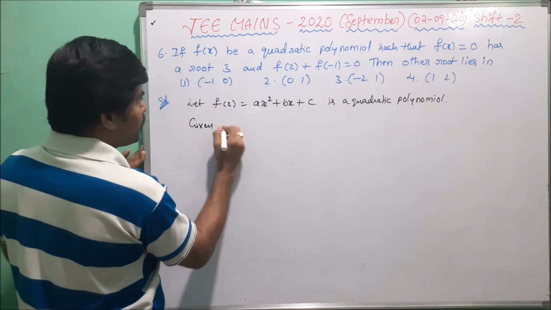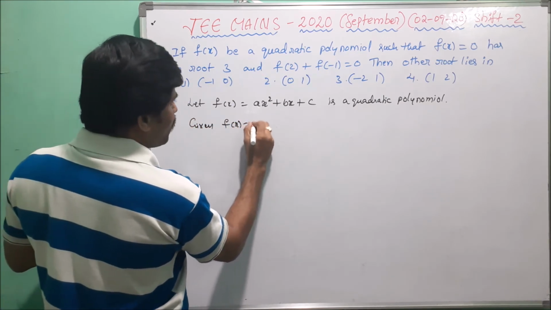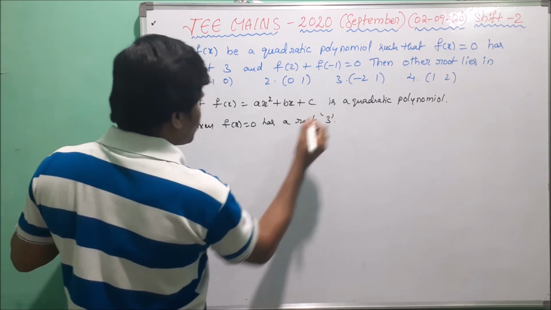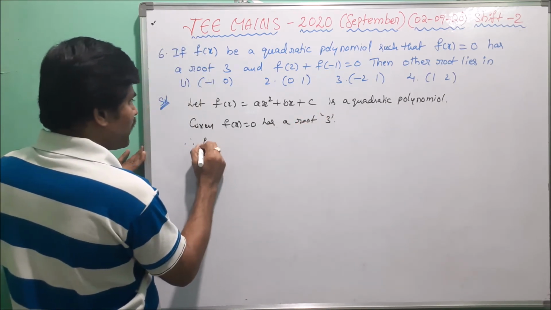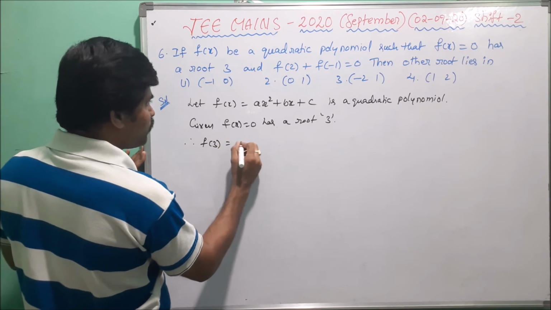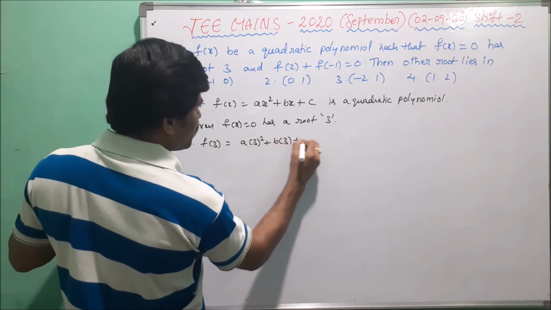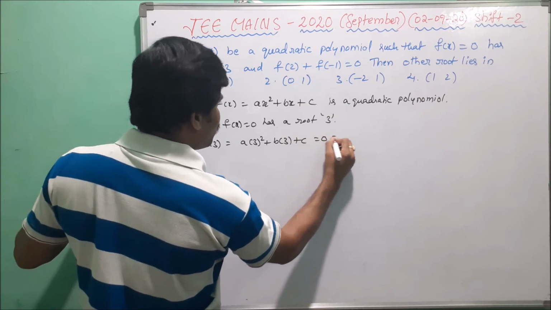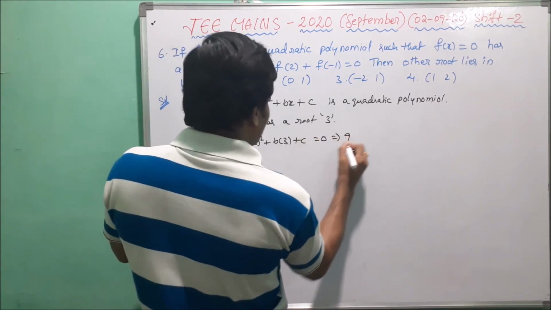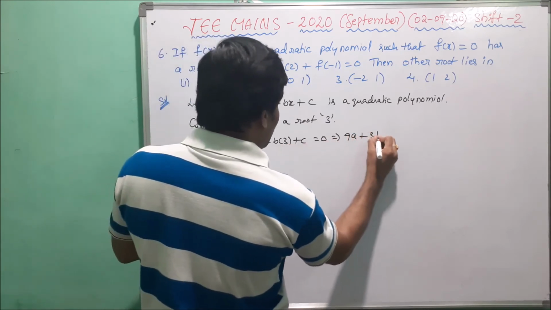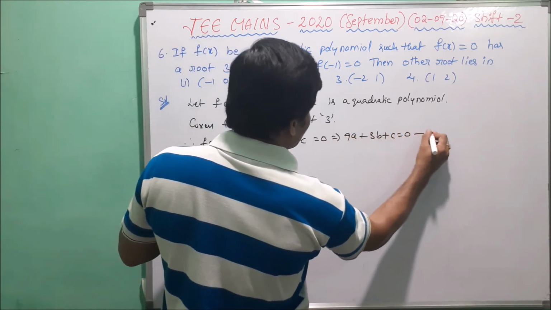Now we find f of 3 equals a into 3 square plus b into 3 plus c equal to 0, which implies 9a plus 3b plus c equal 0, which is equation 1.